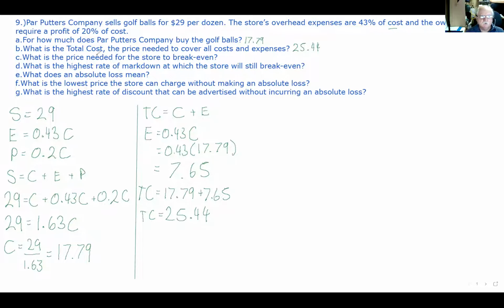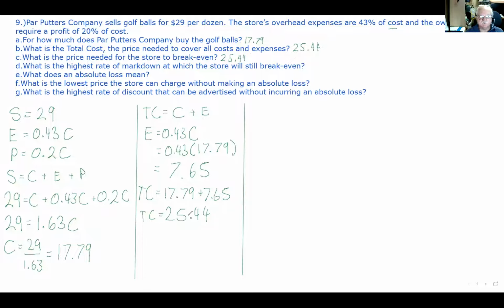What is the price needed for the store to break even? Well, the break even is exactly this, right? We don't really need to calculate it. They've already made us calculate it. It's 25.44 because at break even, there's no profit.